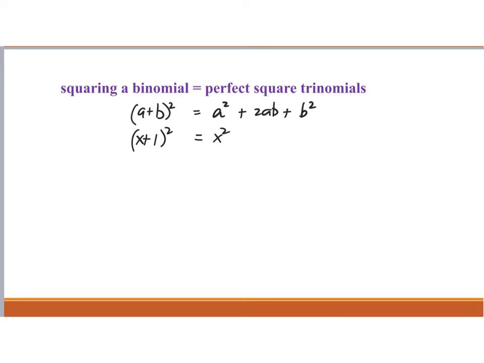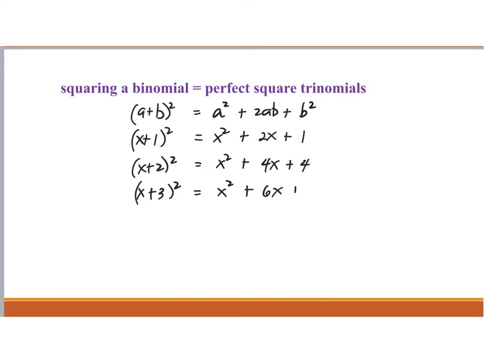We get x squared plus 2x plus 1. x plus 2 squared is x squared plus 4x plus 4. x plus 3 squared is x squared plus 6x plus 9. x minus 3 squared, I'm sorry, that should be x squared minus 6x plus 9.